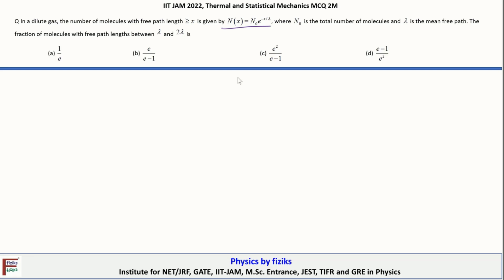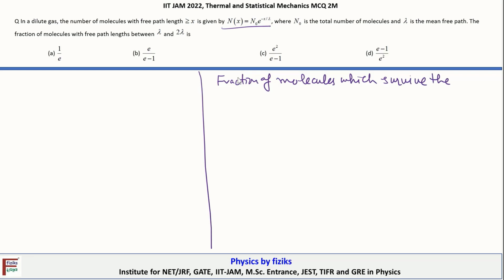So the fraction of molecules which survive the collision up to a distance of x, that is a fraction basically, and it's given here as a hint.